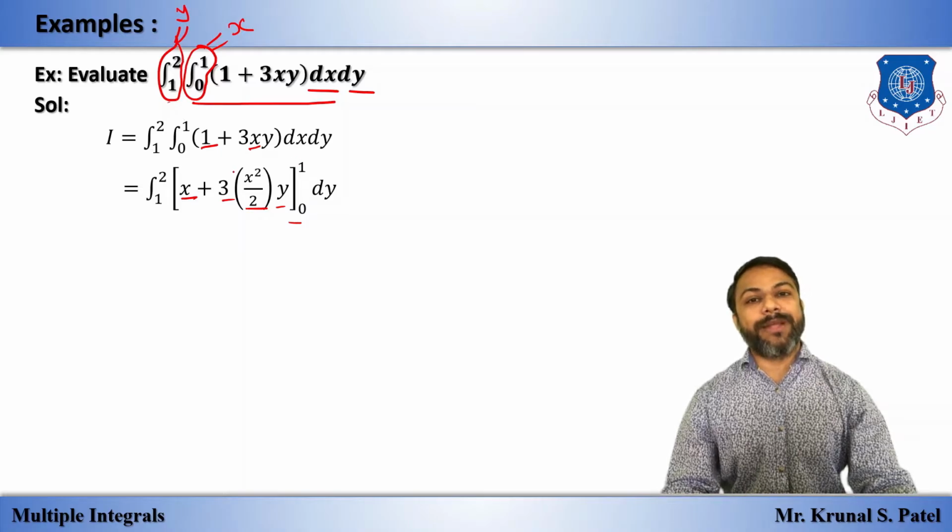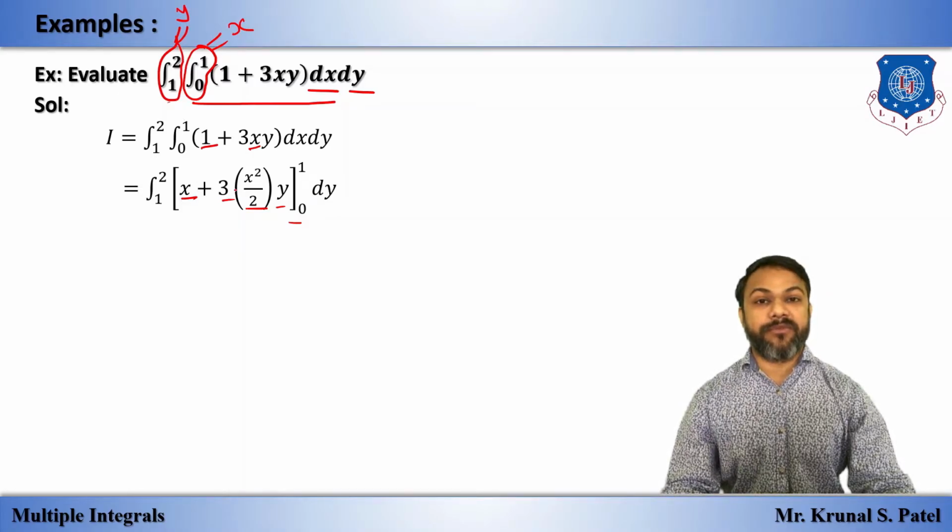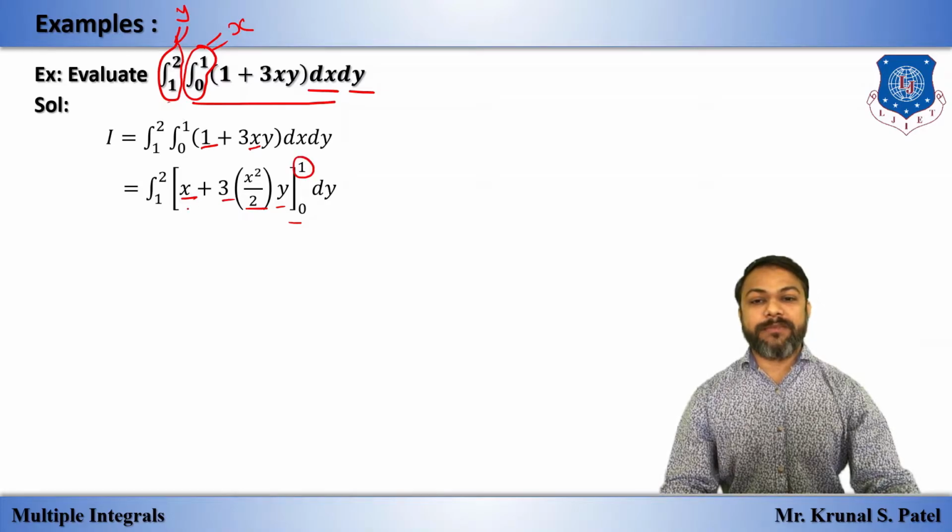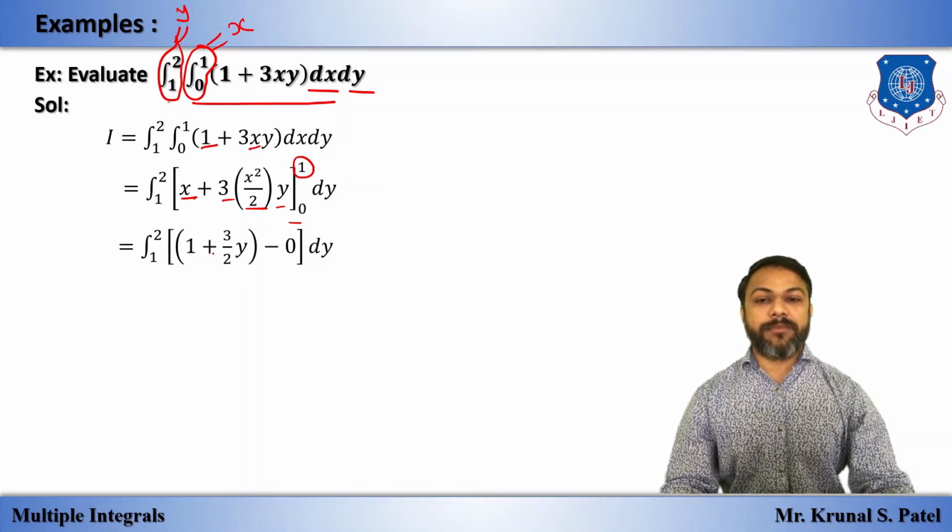Now put upper limit minus lower limit in the place of x, because we integrated first with respect to x. So 1 in place of x: 1 plus 3 into 1 by 2 y, so we have 1 plus 3 by 2 y, minus the lower limit 0.